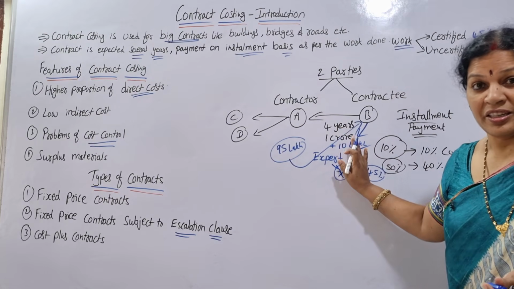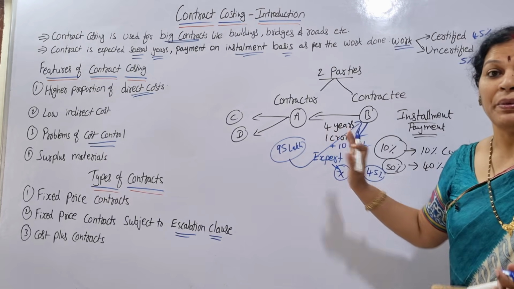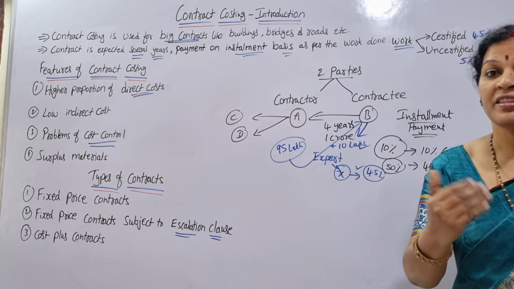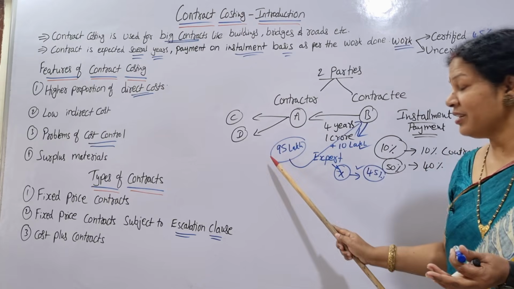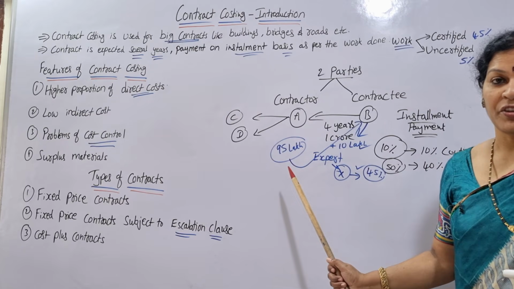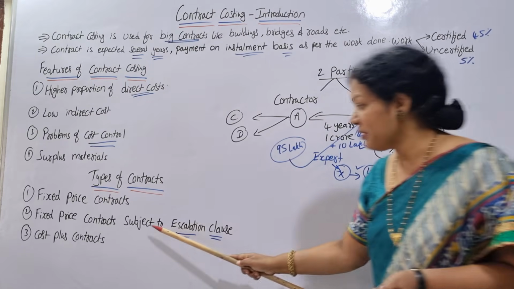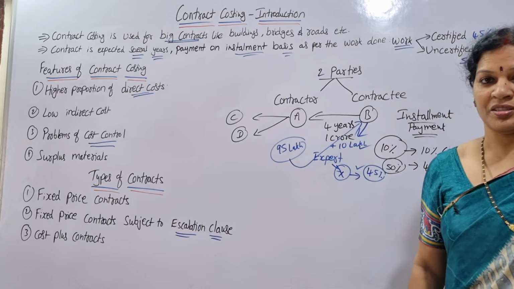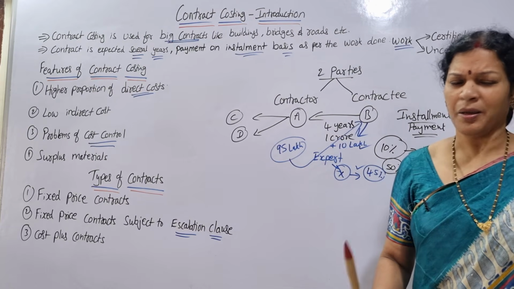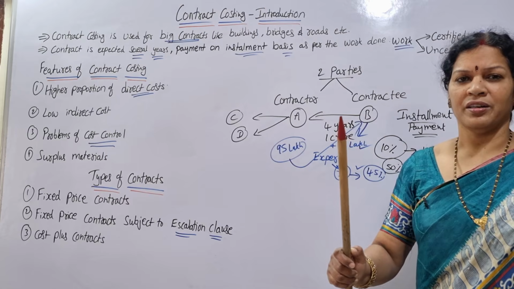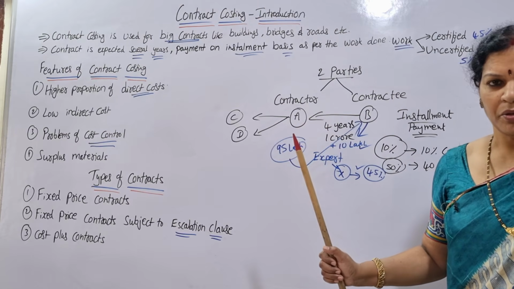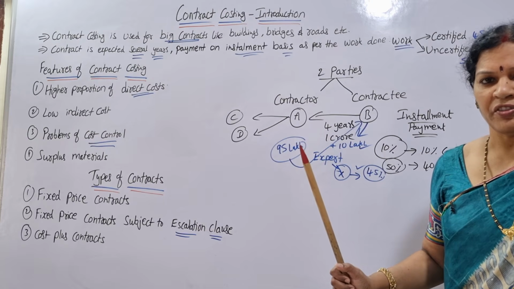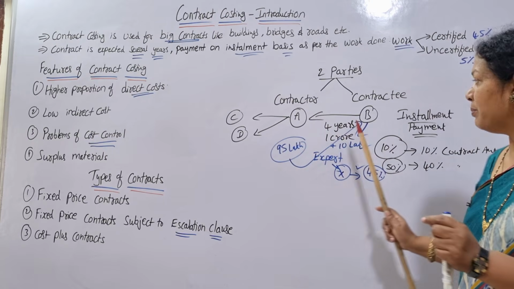Whether it is increasing or decreasing, B has to bear. If it is increasing, loss for B. If it is decreasing like 95 lakh, that's a profit for B. So we say it as an escalation clause. Are you getting it? It is fixed, but as per the increase or decrease, that makes a difference in the contract account, and it is going to affect the contractee, B only.